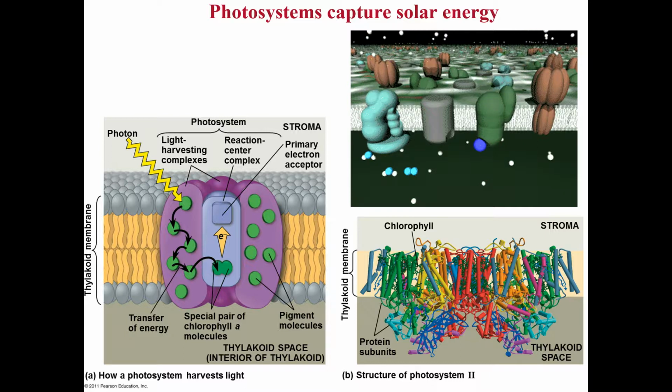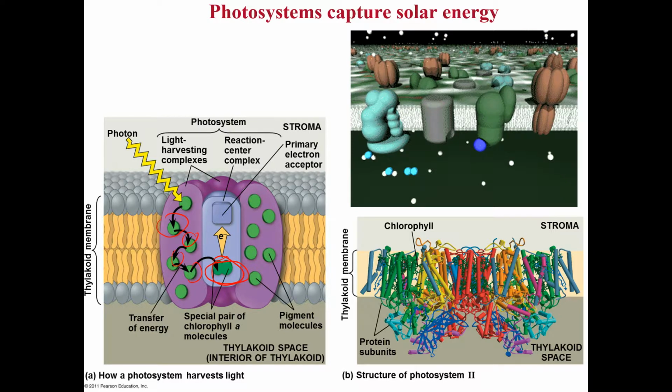Alright, so here you're being shown an image of a photosystem. You have your light capturing pigment molecules like chlorophyll, and once your chlorophyll molecule is excited by a photon of light, that energy, those electrons, get transferred to neighboring pigment molecules in this photosystem, where they are eventually donated to a specialized pair of chlorophyll molecules.